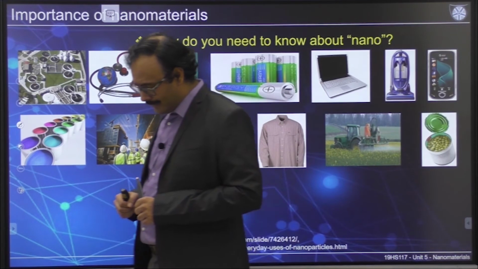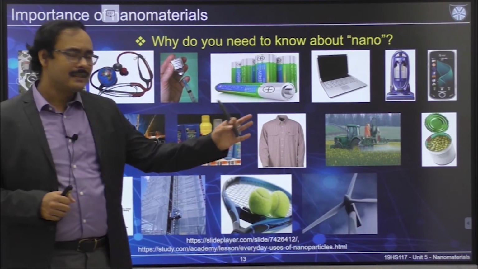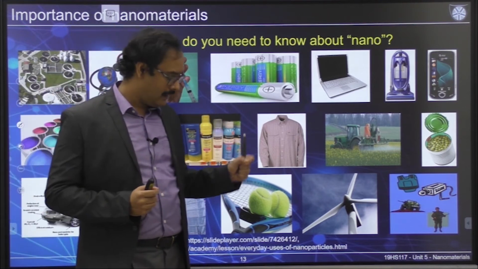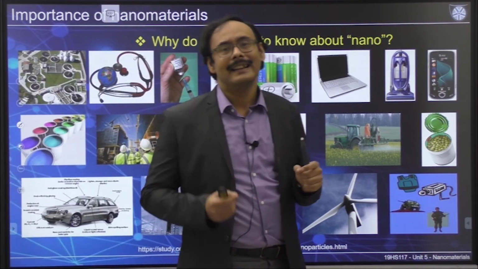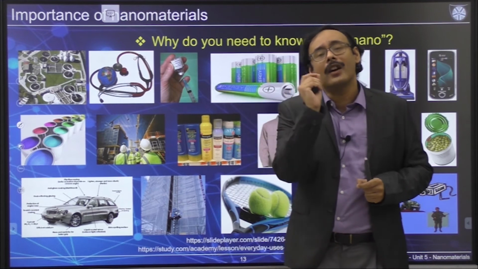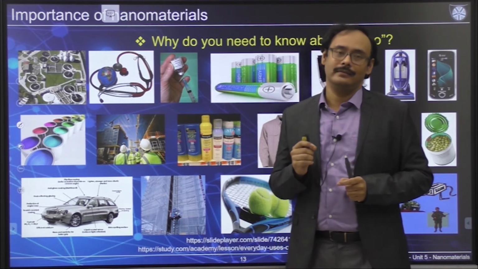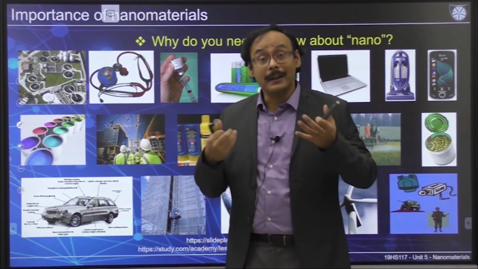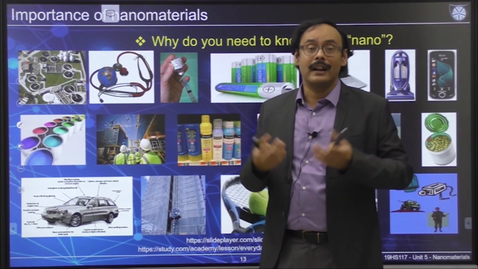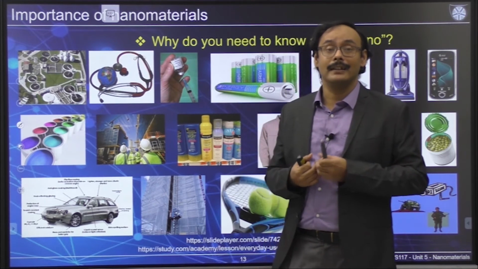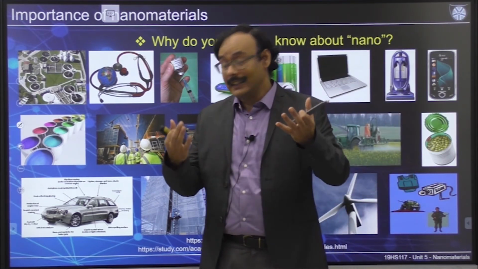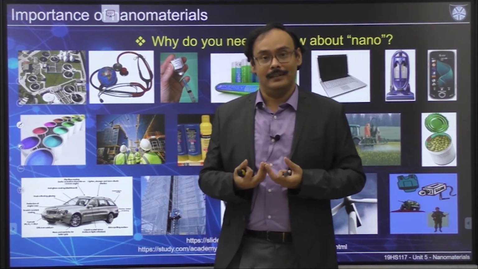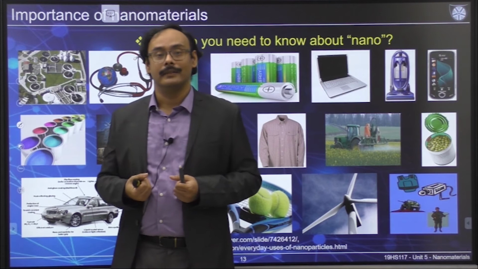You can see in these examples, pretty much everything shown here uses at least one component which is at the nanoscale. In fact, in your unit 2 or unit 3 you learn about batteries, graphite, lead acid battery, lithium ion. For lithium ion battery, almost all the electrodes are made at the nanoscale.